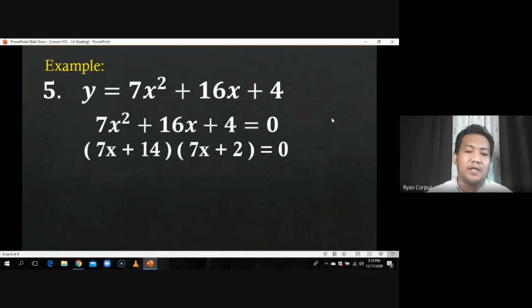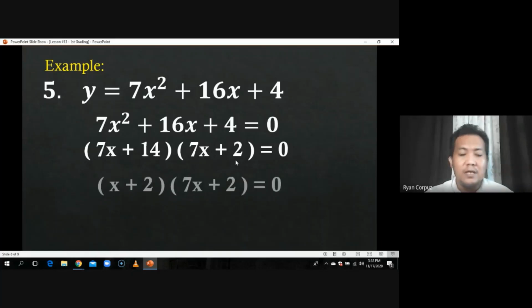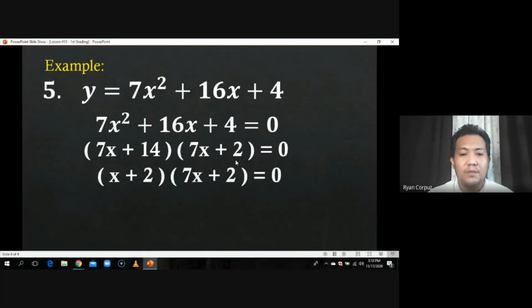So let's find out now its factors, 7x as the first terms of its factors, because it's the 7 numerical coefficient together with the variable. And positive 14 and positive 2, that's why it's plus 14 and plus 2 equal to 0. Not yet, because we are still going to simplify 7x plus 14 here, because both 7 and 14 are divisible by 7.